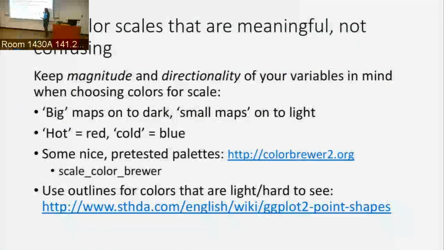And there's a really nice website here. I'm sure many of you are familiar with it, the ColorBrewer 2 website, which basically gives you some nice pre-tested color palettes to work with. Pre-tested in the sense that they are easily distinguishable from one another. So let's say you want to display 5 different levels of a variable using 5 different colors. It'll give you some options for colors that are very easily discriminable from one another.